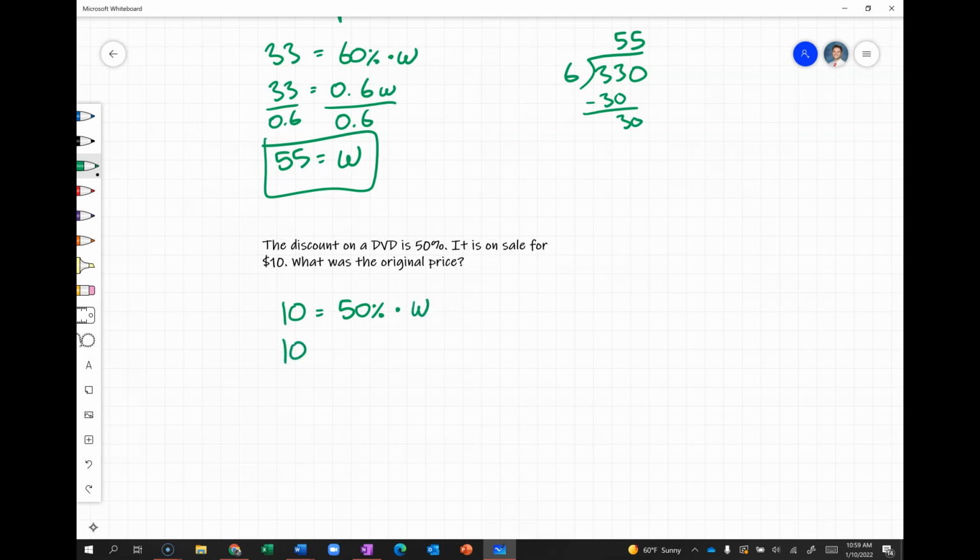So 10 will be equal to 0.5 W. We divide both sides by 0.5. And again, 10 divided by 0.5, moving that decimal in the divisor gives us 100 divided by 5, which is 20. So the original price of the DVD was $20.